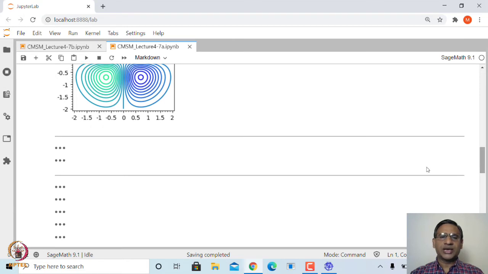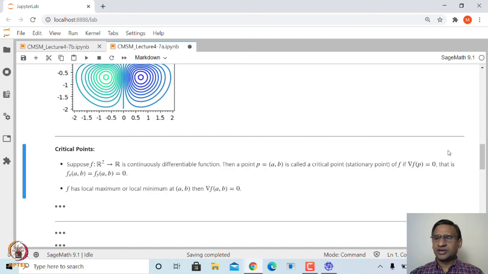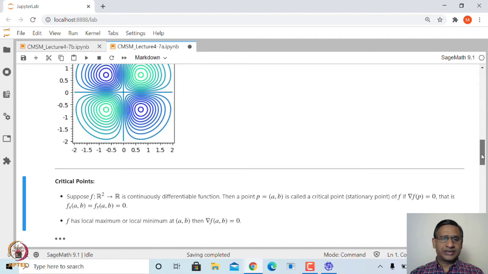Now, let us look at how we can find these points. Let us start with an example, but before that, whatever we saw geometrically, let us write down the condition for local maximum or local minimum. First of all, all those points where the gradient is 0 are called critical points.